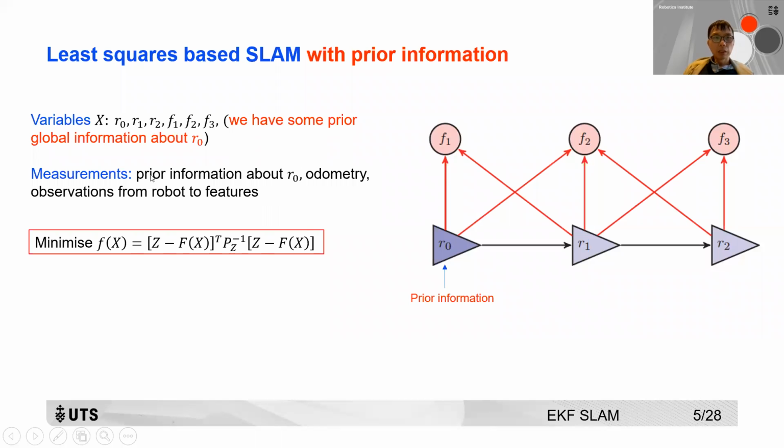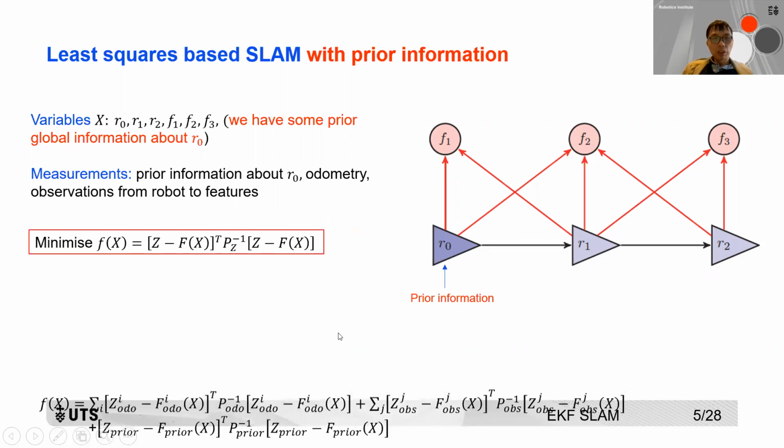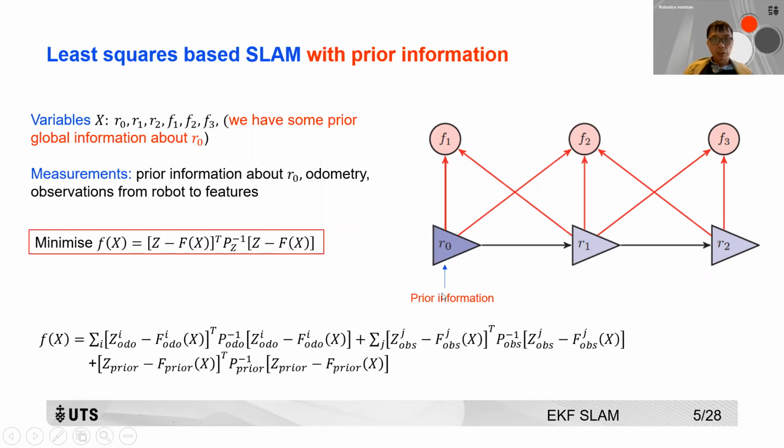And the measurements are not only odometry and observations of features, but also the prior information about R0. So when we formulate the least square problem for this scenario, we need to add the prior knowledge about R0 as one term as well. The odometry and observation terms are the same as before, but we have another term, which is the prior information about R0.